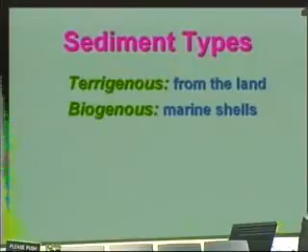If it's something that's derived from a fragment of a shell of some organism that lives in the ocean, marine organisms, things that are alive, plants or animals, corals, clams, lobsters, anything that's got a hard part, that is referred to as biogenous.